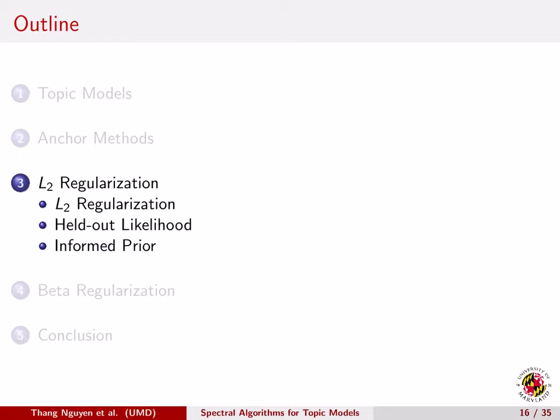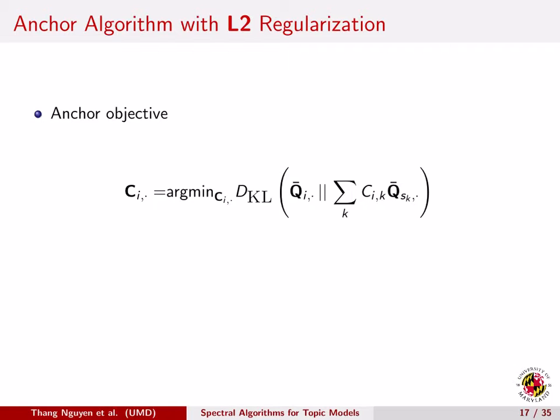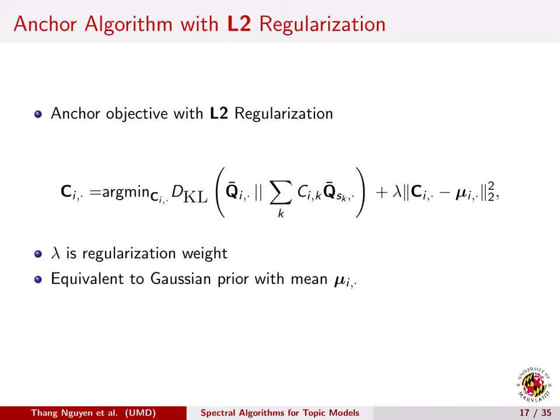So that's the idea behind regularization. Let's go to the first form of regularization that we're going to talk about, L2 regularization. So the traditional anchor objective function is to choose topic coefficients that get as close as possible to your observed word distributions in terms of the KL divergence between these two distributions. All we're going to do is add in an additional term that says, don't let your topic coefficients be too large.